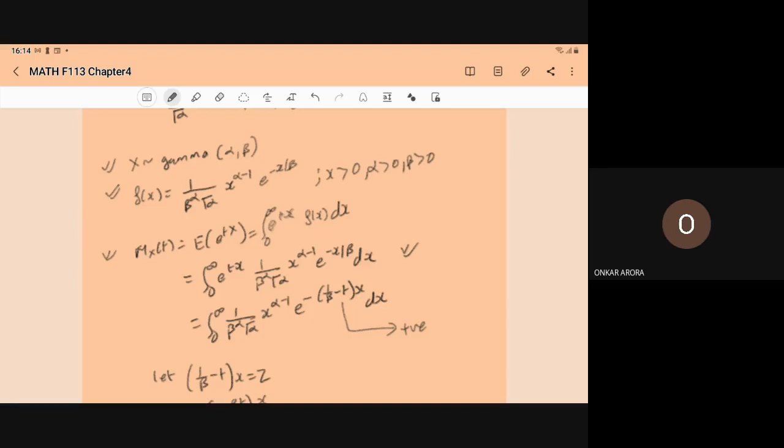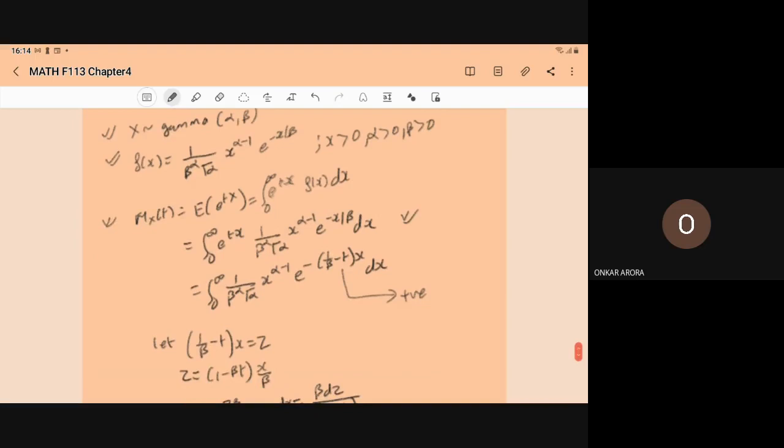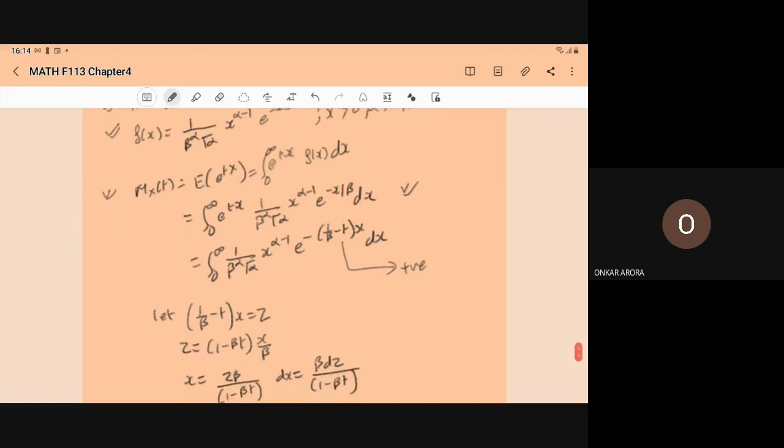So for integration, we assume the following substitution: 1 upon beta minus t into x as z. So this will give you z is equal to 1 minus beta t into x upon beta. Clear this part?